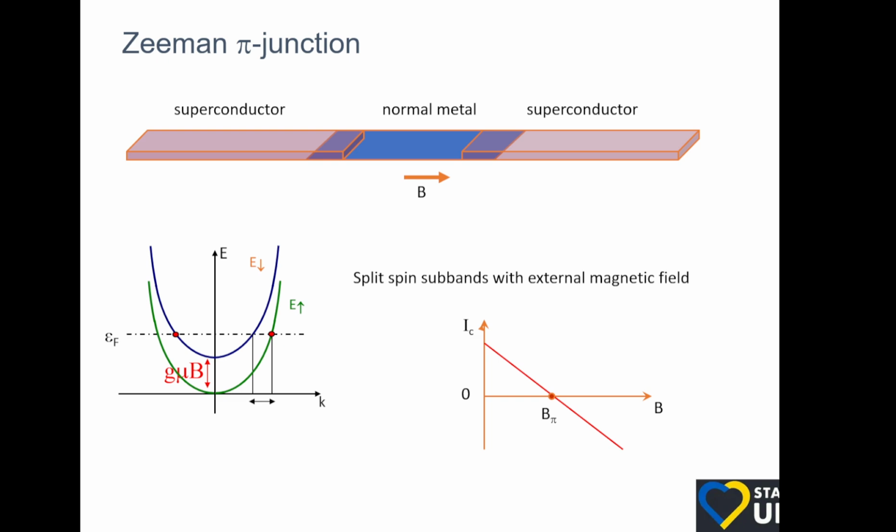And then towards the end, I pivoted to thinking about very similar physics, but then the control knob is different. Rather than exchange coupling here, we put a non-magnetic material, a normal metal, silver, gold, or graphene, or something like this. And we split the bands by this external magnetic field.